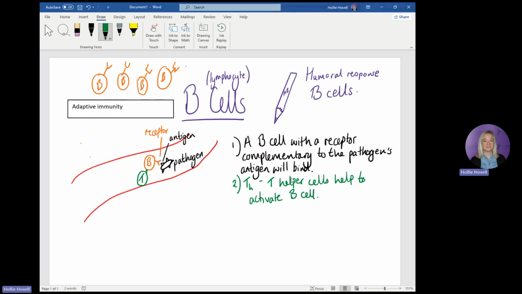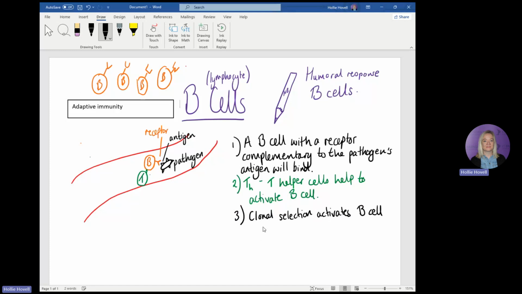Now, once our T cell is activated, it's going to make it divide by mitosis. Now, sometimes that activation of just one type of B cell out of all the types of B cell that we've got, sometimes we call that clonal selection. And we can say it activates the B cell, just that B cell.